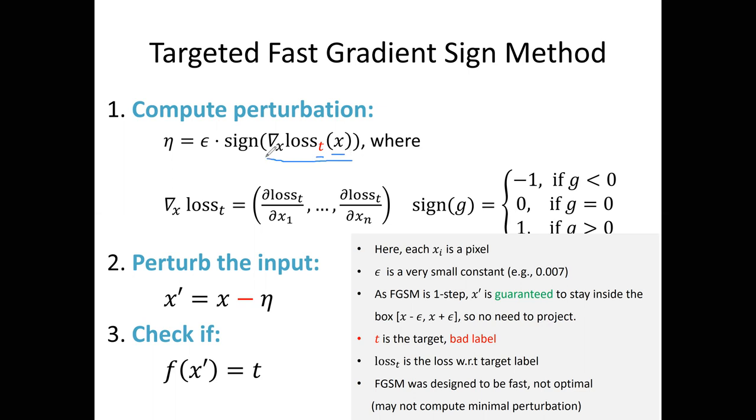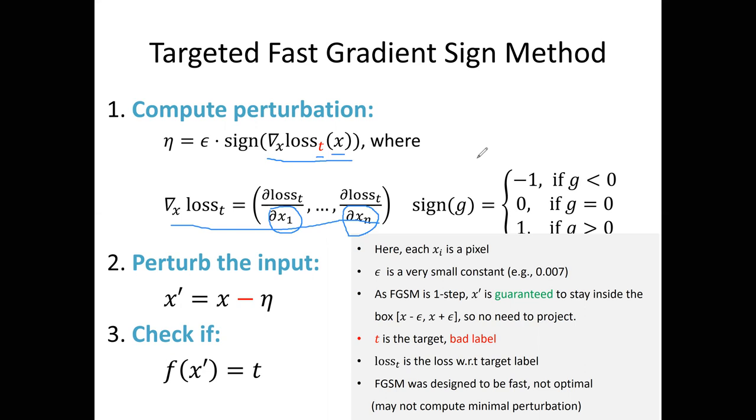And so we need the gradient with respect to the input X. The gradient is computed as standard, there's nothing surprising here. It's the gradient of the loss with respect to each component, each dimension in the input X.